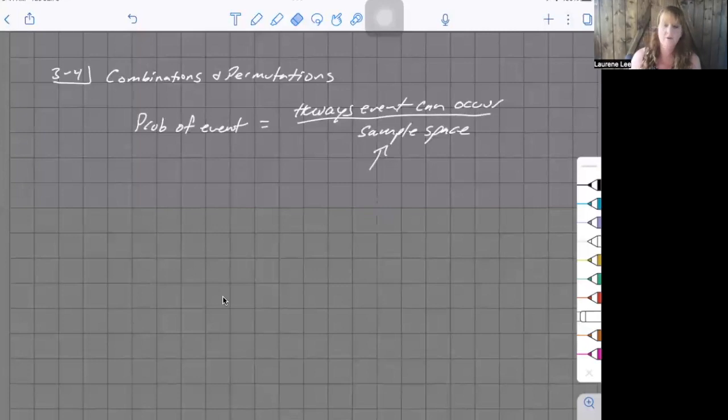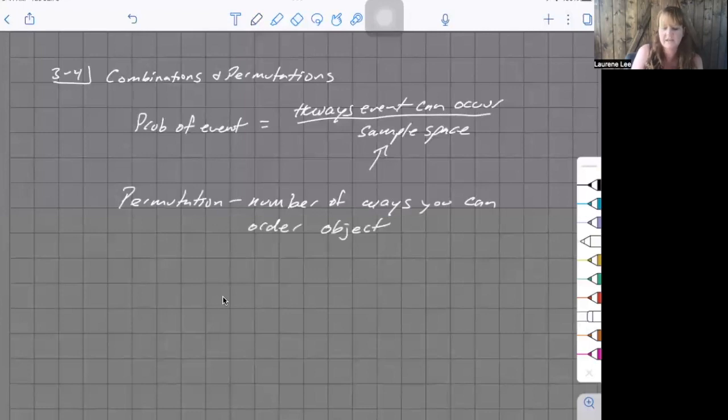And a permutation is the number of ways you can order objects. And order is the key word here associated with permutation. So we want to take a scenario where order matters.